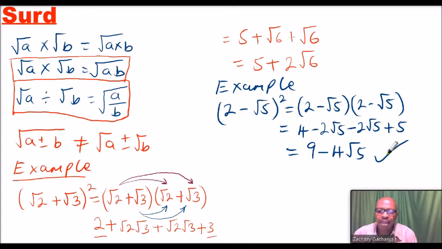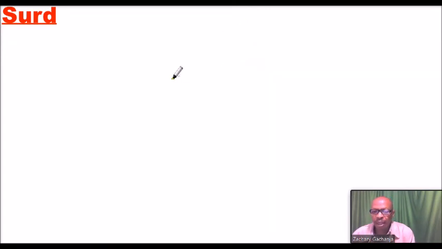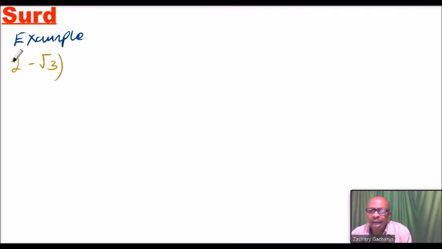Then still we can do another example. So we are given 2 minus the root of 3, and here we have 2 plus the root of 3.